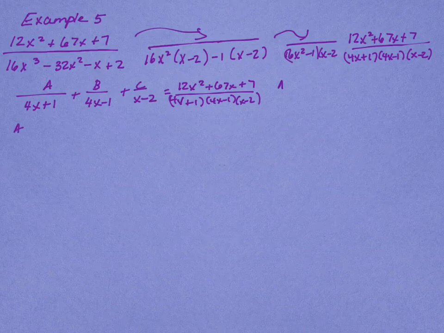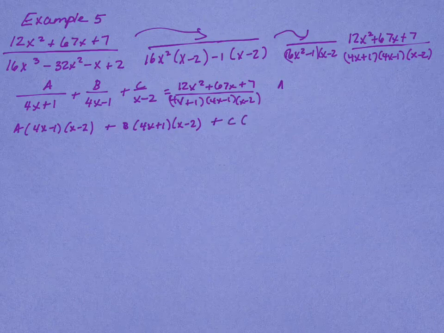A would have to be multiplied by 4x minus 1 and x minus 2. And B would have to be multiplied by 4x plus 1 and x minus 2. And C would have to be multiplied by 16x squared minus 1, we can multiply that out already. And that's all equal to 12x squared plus 67x plus 7.